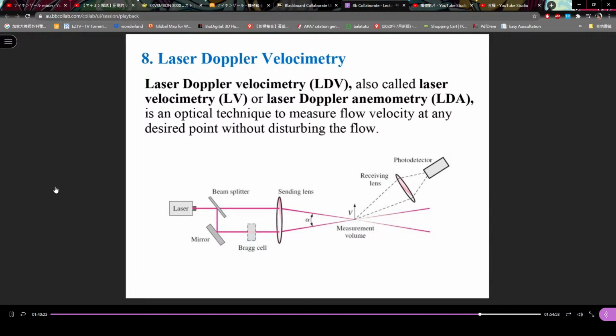Another one is called laser Doppler velocimetry, LDV, very popular. It uses a laser. It's an advanced flow measurement, especially not for water, but for air measurement, wind tunnel measurement, or for very large wind turbines.